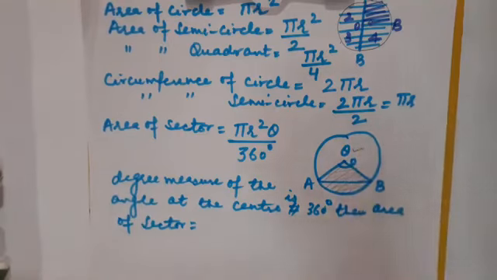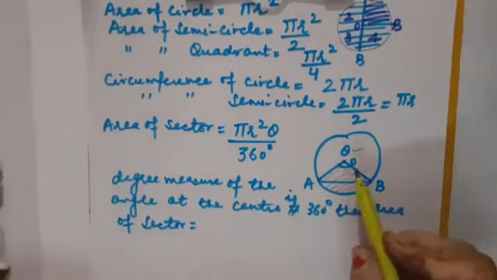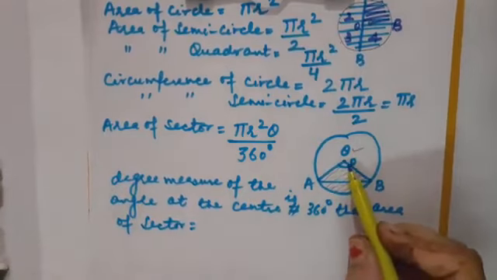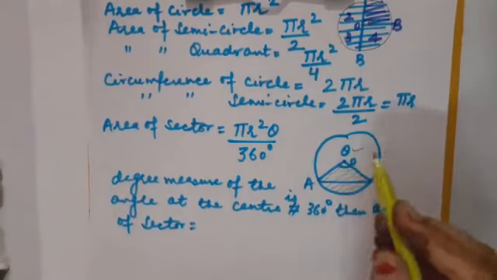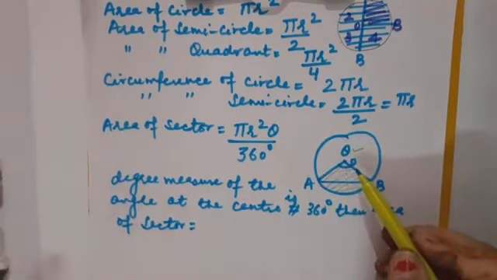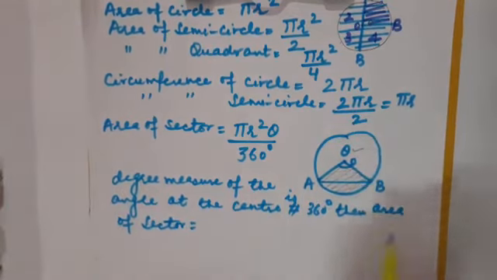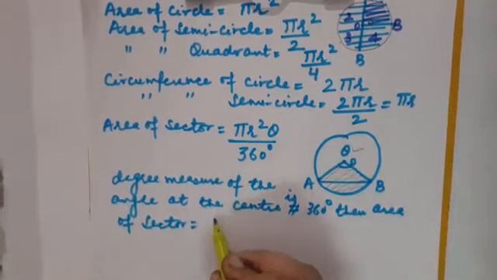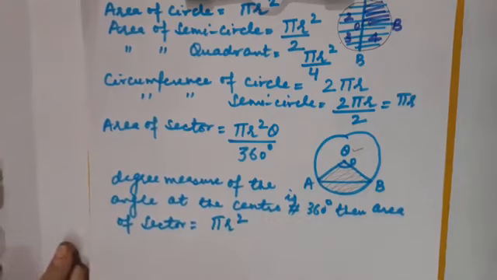If the center angle is 360 degree, then definitely the complete sector will become the complete circle only, correct?